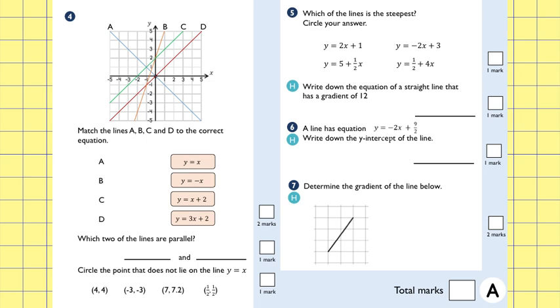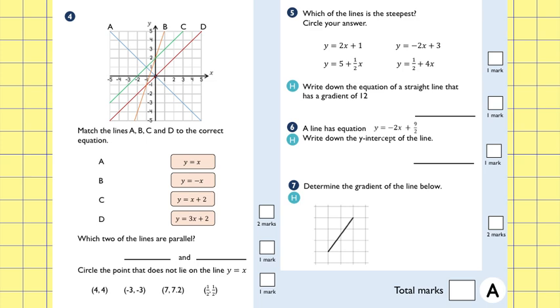Question 4. Match the lines A, B, C, and D to the correct equation. So we've got the equations y equals x, y equals -x, y equals x plus 2, y equals 3x plus 2. The first one, y equals x.